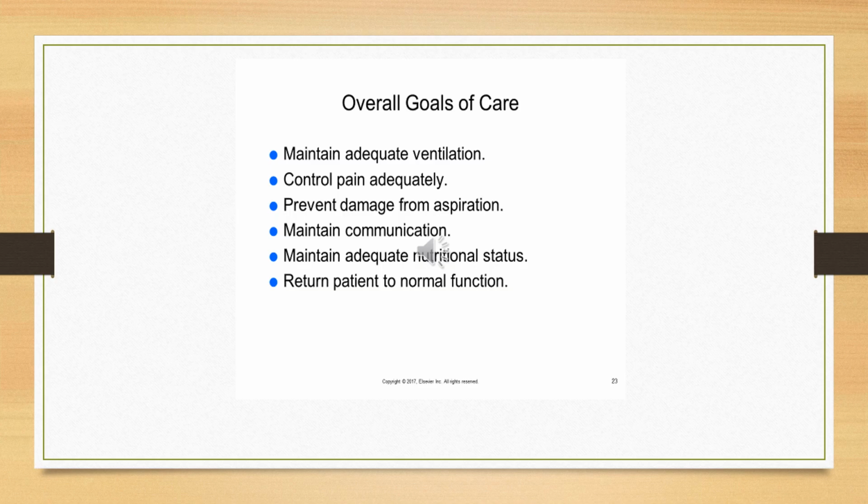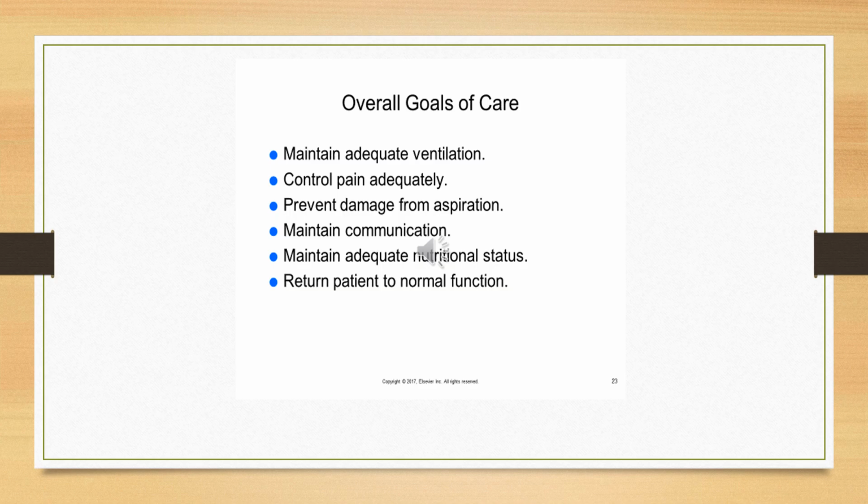So again, respiratory status overall, making sure they have adequate ventilation, so monitoring their oxygen saturation levels, monitoring their arterial blood gases, make sure we're assessing their breathing, make sure we're assessing their pain. Are they at risk for aspiration if they're having difficulty swallowing?